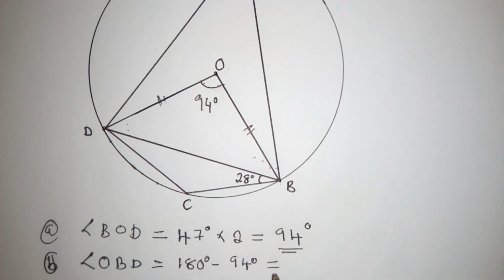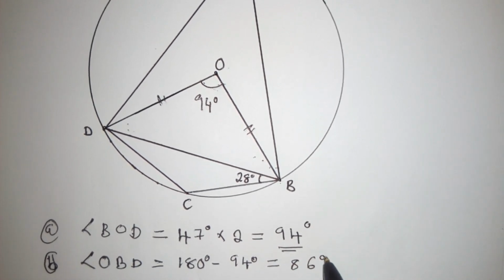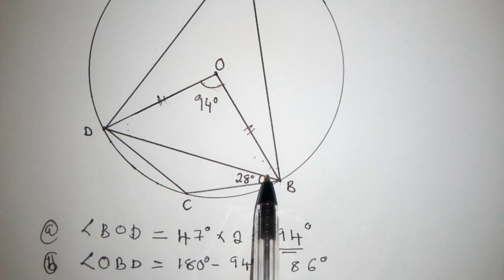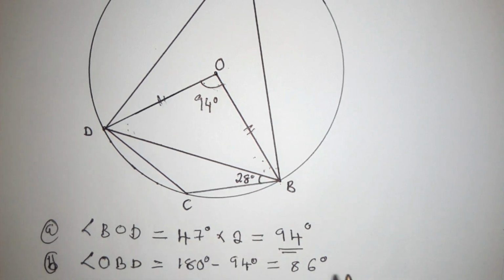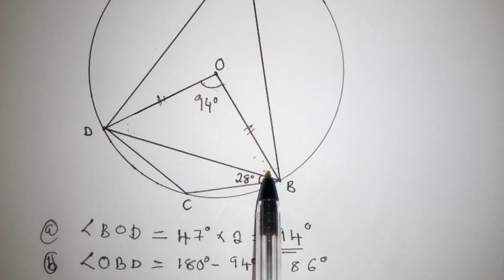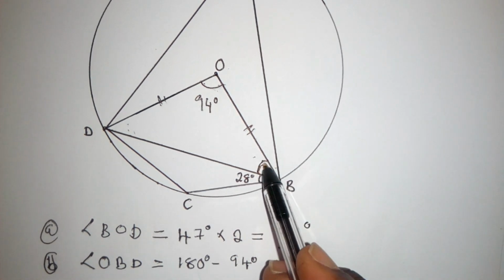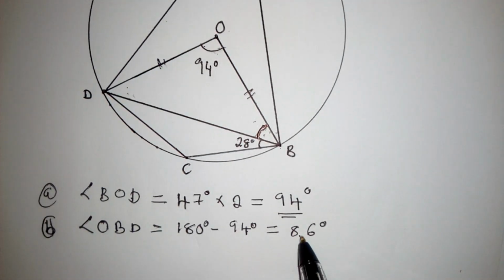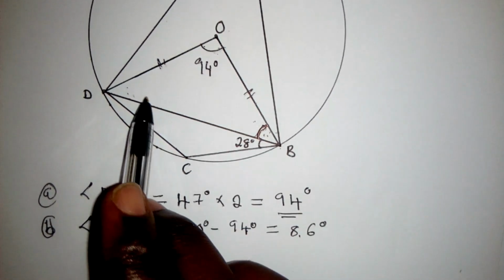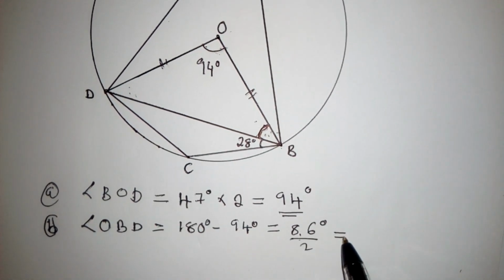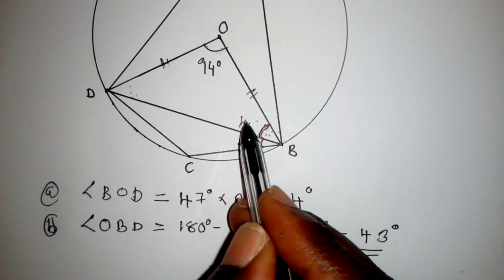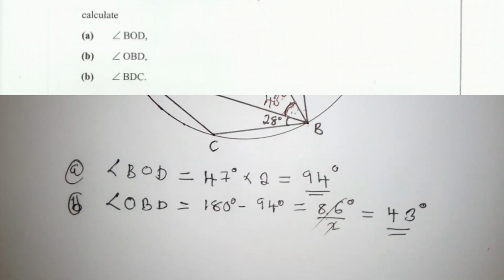We are going to get 86 degrees, and this 86 degrees is the sum of this angle and this angle. Since we want to find this one, we divide the sum of these two angles by 2, so that we just remain with one. We are going to have 43 degrees when we divide. So this is 43 degrees.